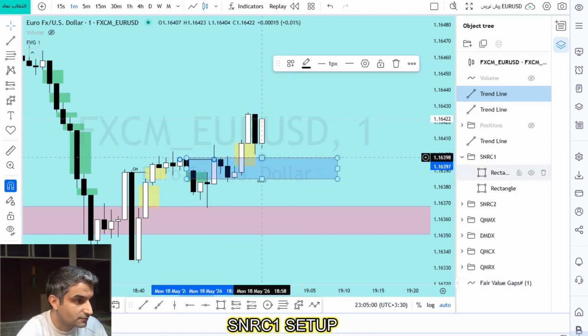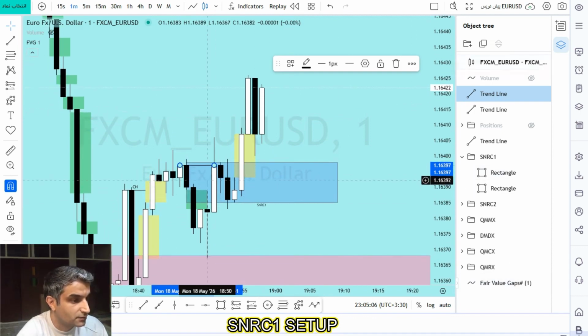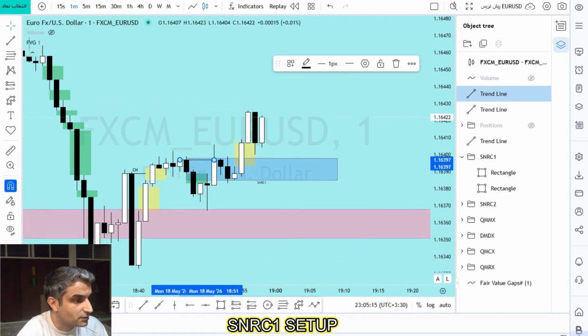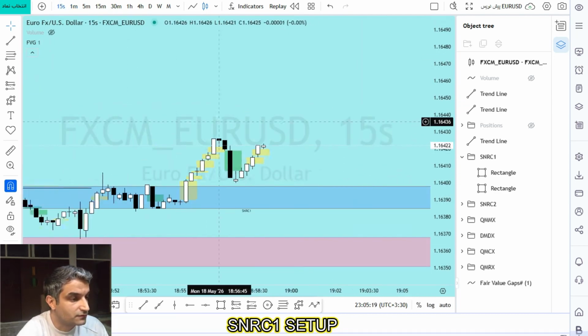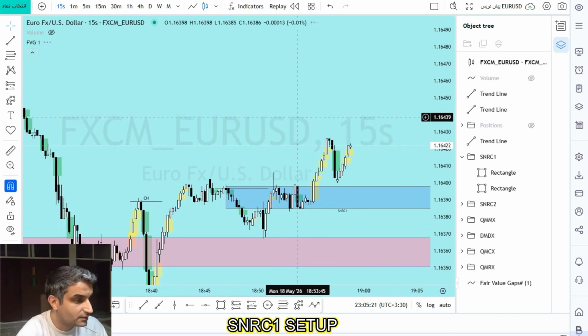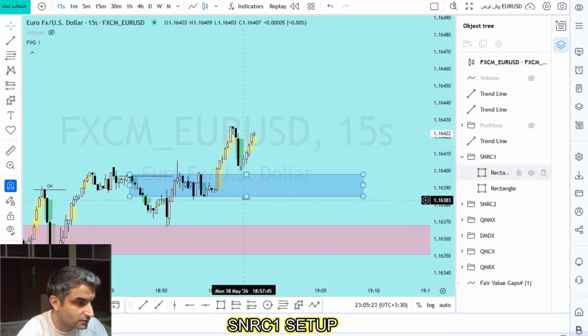Can you see that? This is our FVG, and here we have an order block that didn't get touched. And if you want to enter, let me change to the 15-second and see it in the lower time frame.